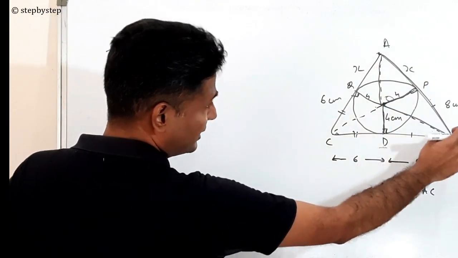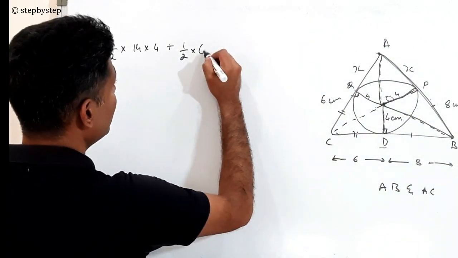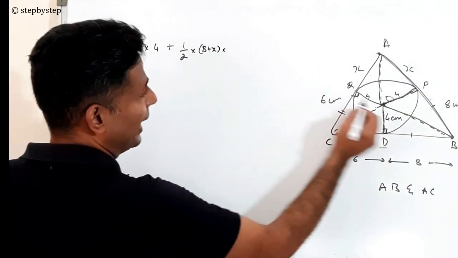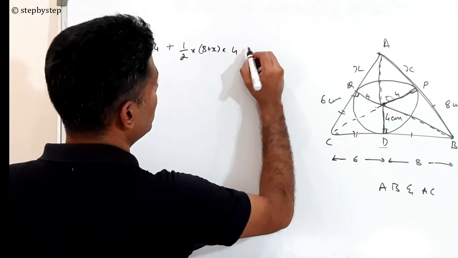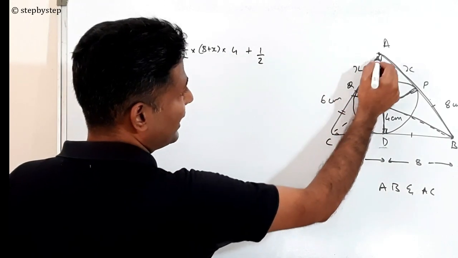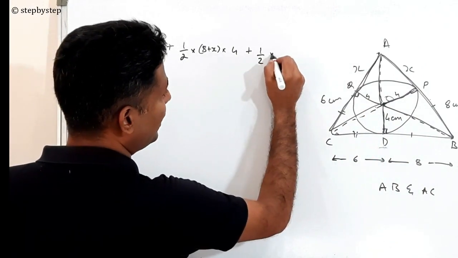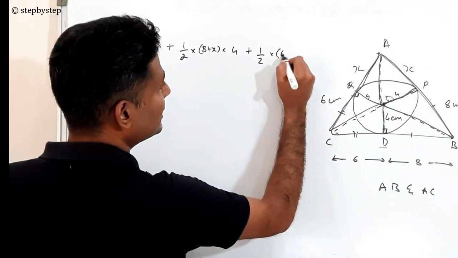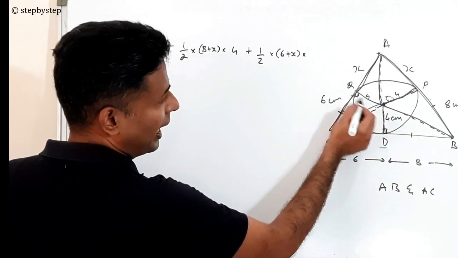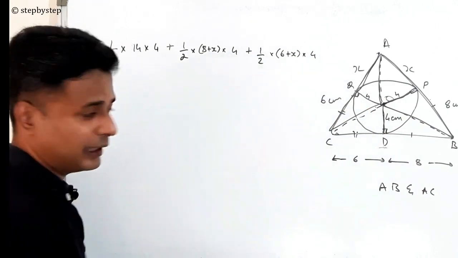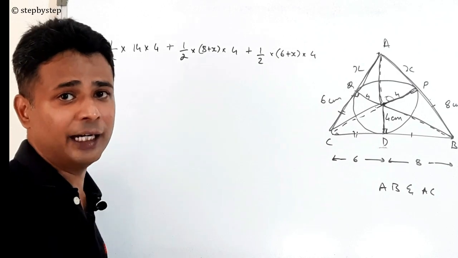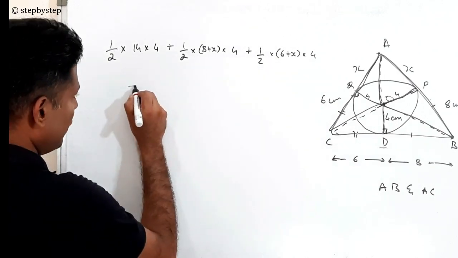This is the base. So you get base as 8 plus x into height. Height is again 4, plus. Now if we take this triangle, again half into base into height. So half into base. Base is this, 6 plus x, into height 4. It's making 90 degrees, right? Hence it is the height of the triangle. This will be equal.